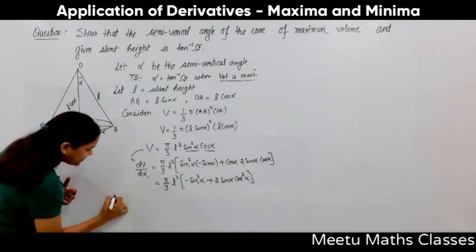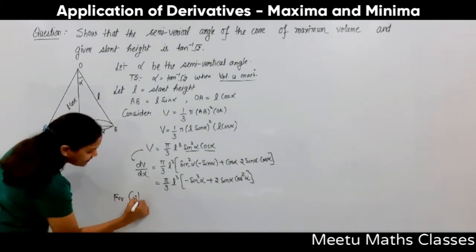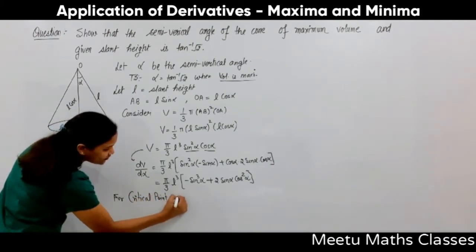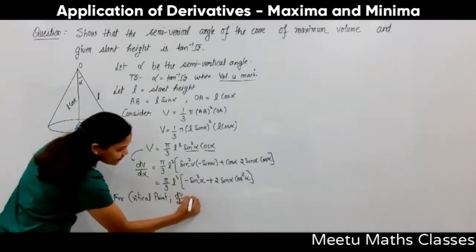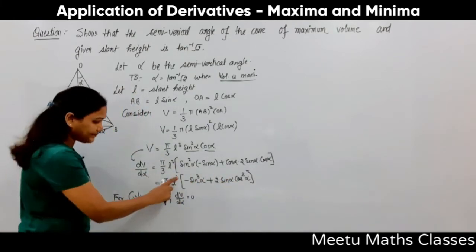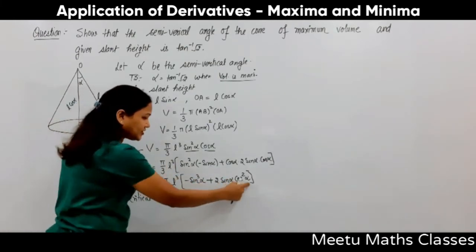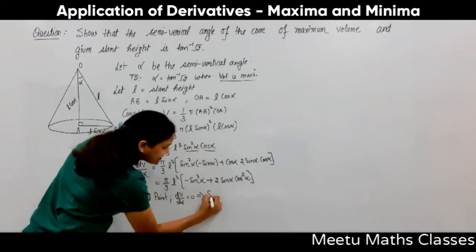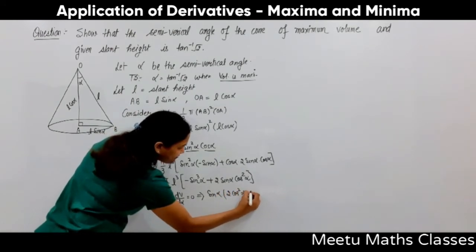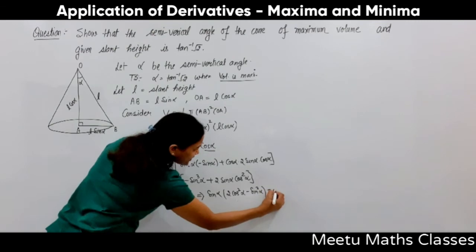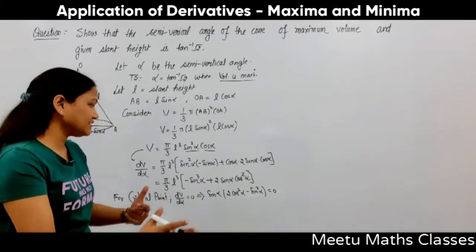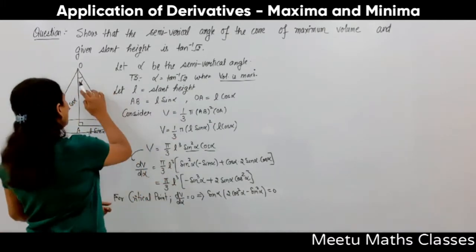Now for critical points, we substitute dV by d alpha equal to 0. When you equate this function to 0, your constant cannot be 0. So this implies sin alpha common, 2 cos square alpha minus sin square alpha is equal to 0. But sin alpha cannot be equal to 0, because if sin alpha is 0, then alpha will be 0, and that is not possible.